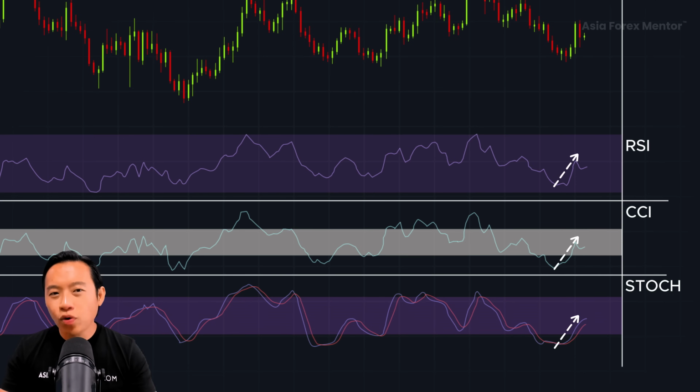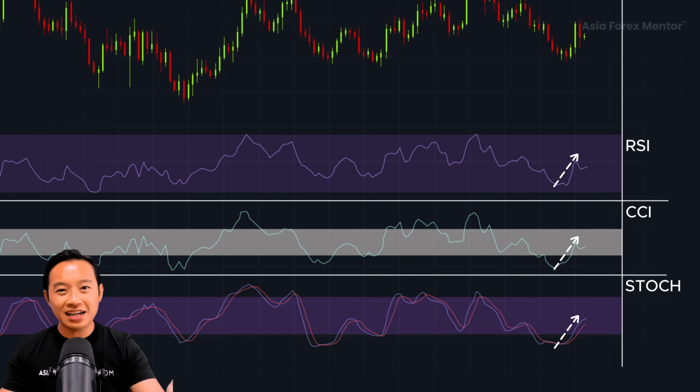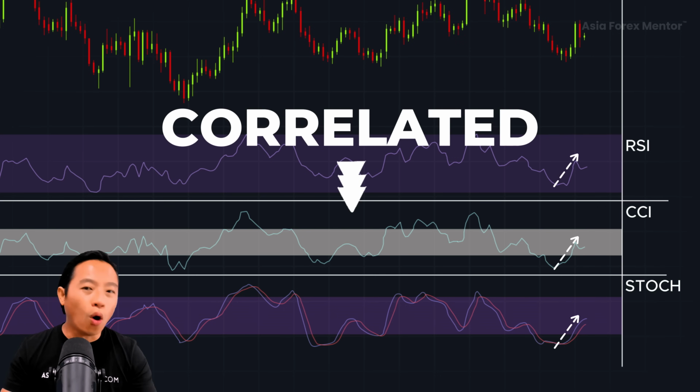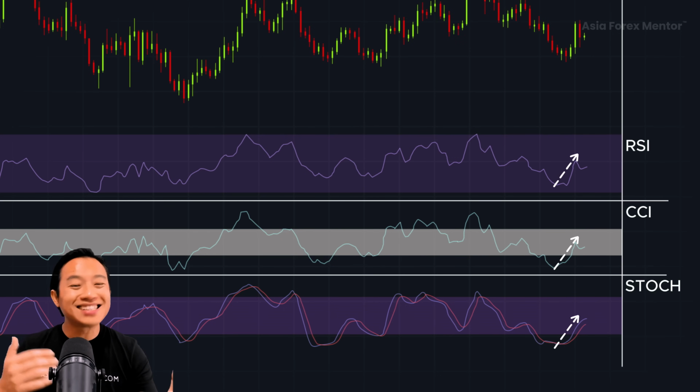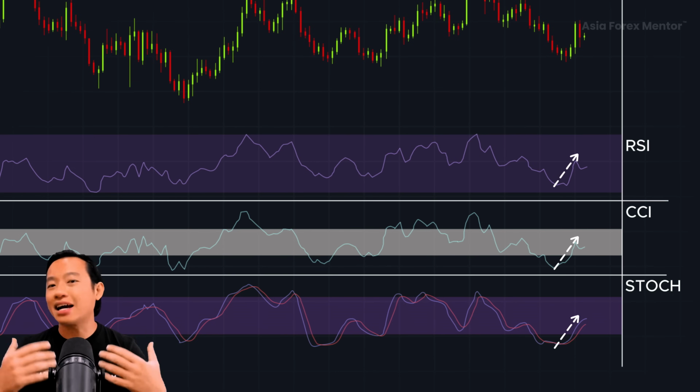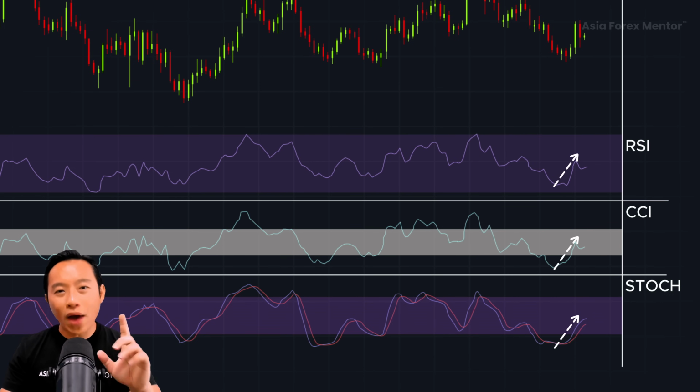However, the problem with this chart is that all these indicators that you're seeing here are correlated and they are all oscillators. These indicators move in a similar manner, because they are calculated based on similar principles. So when one changes, the others tend to change too.